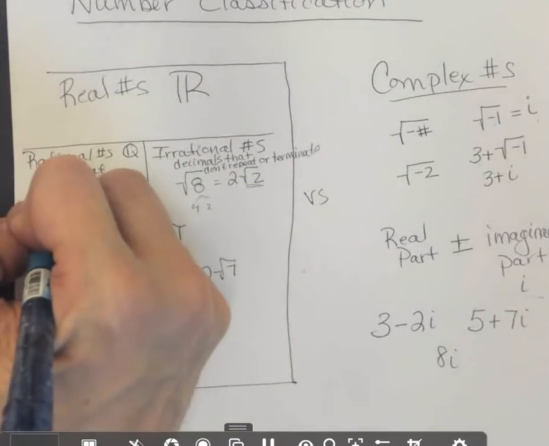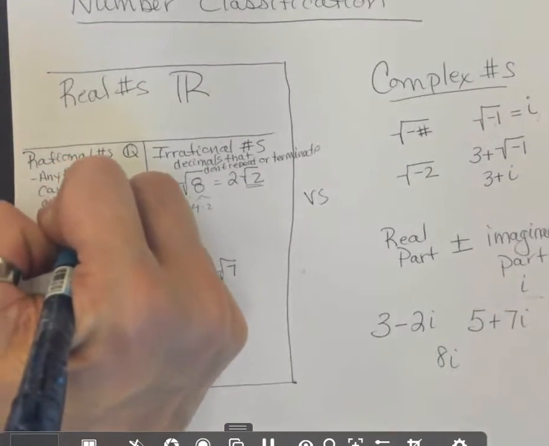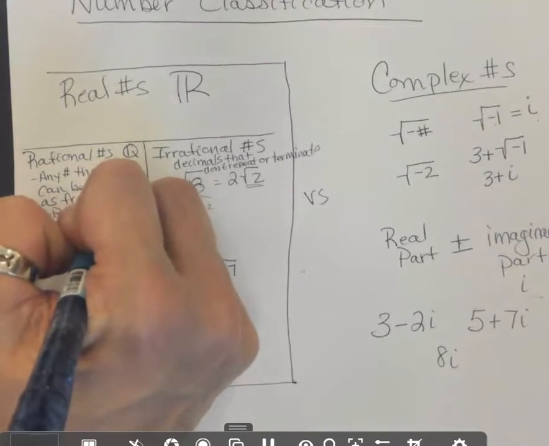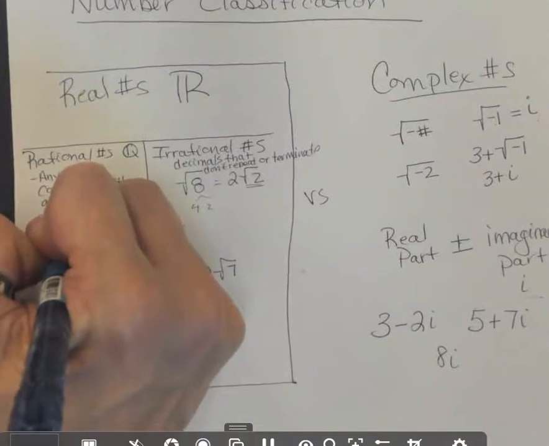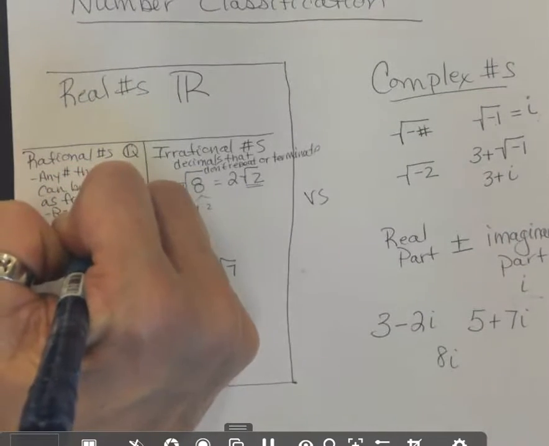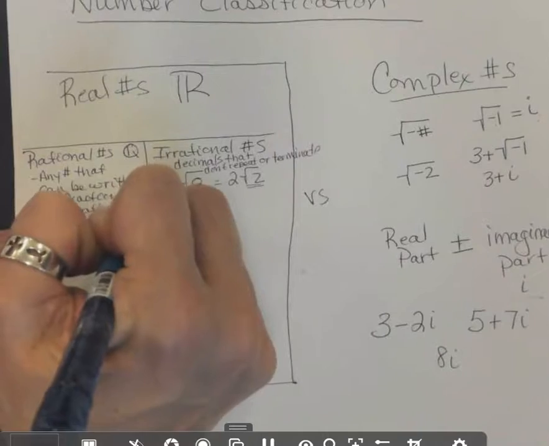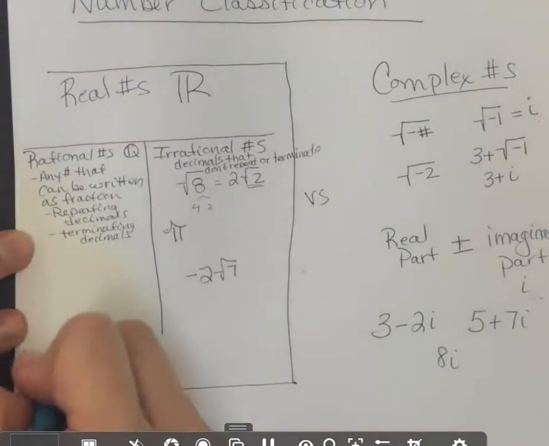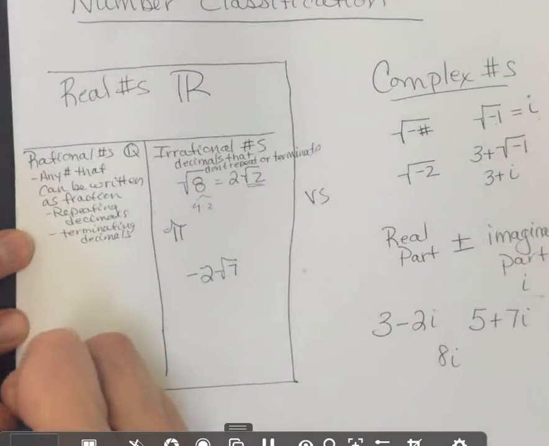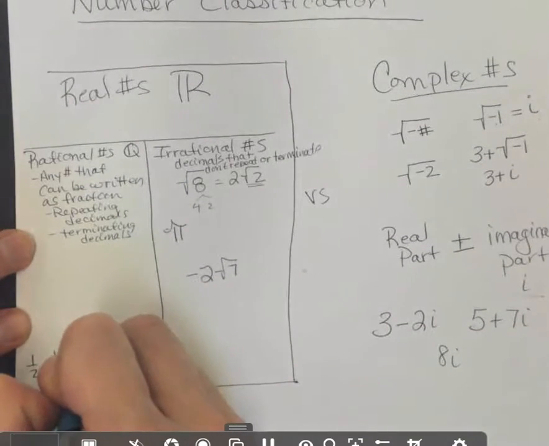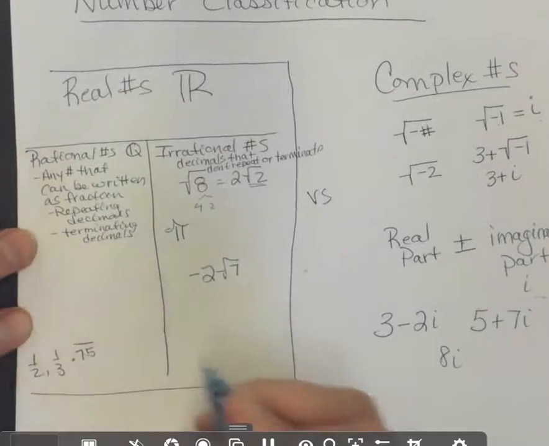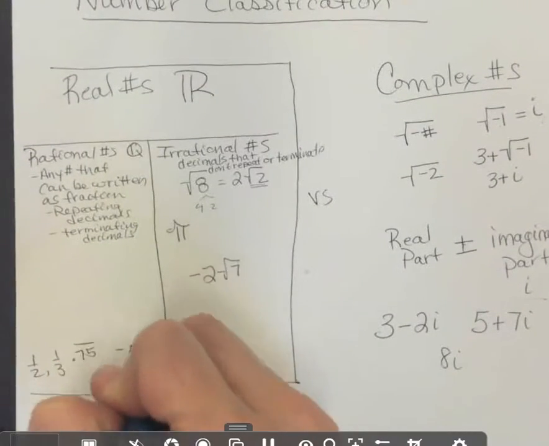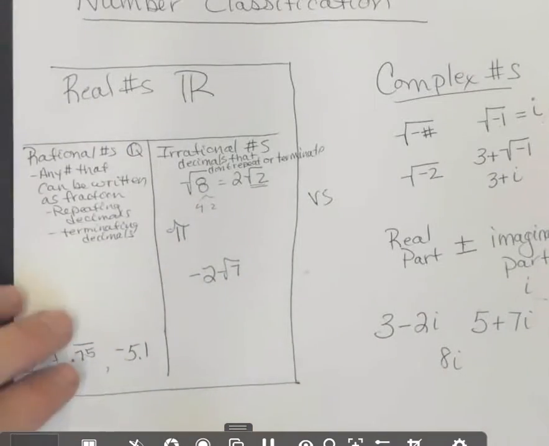So those are your repeating decimals, or your terminating decimals, like 0.5. So that would be your 1/2, your 1/3, your 0.75 repeating, negative 5.1. Those are all rational numbers.